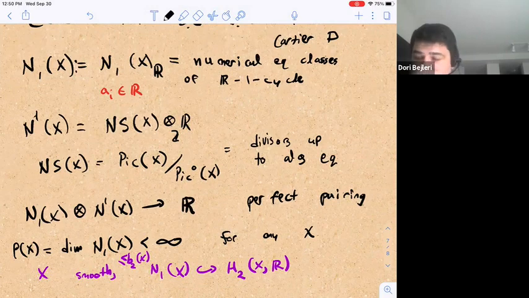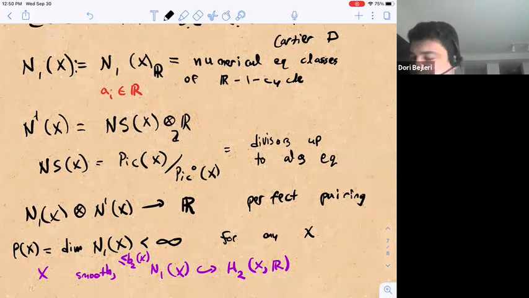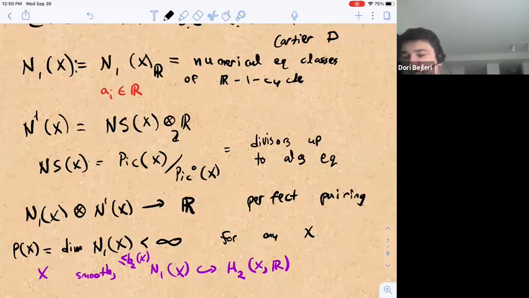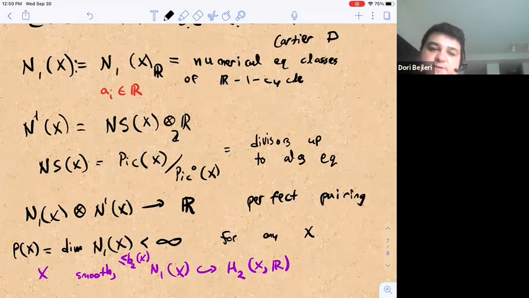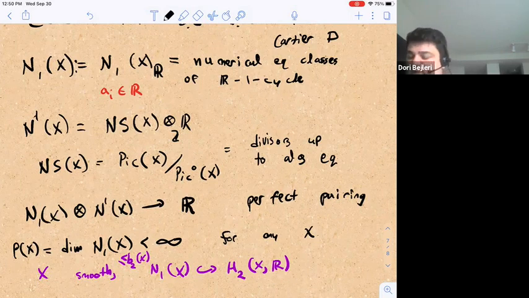And the philosophy that was first introduced by Mori is that in higher dimensions, we should be studying birational transformations from the point of view of curves rather than divisors. So we use divisors to build birational maps via linear series, but to actually understand the geometry of these linear series, we should be looking at what's going on in curves. So kind of the focal point should be N lower 1 of X.